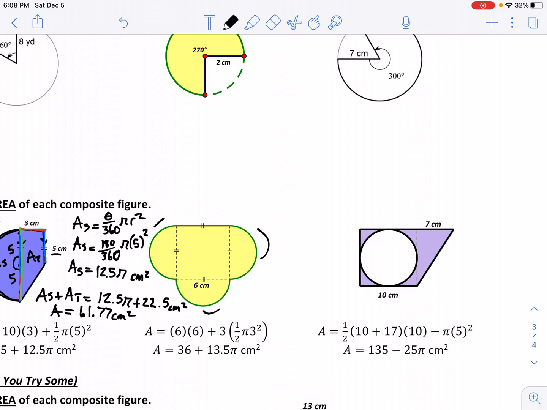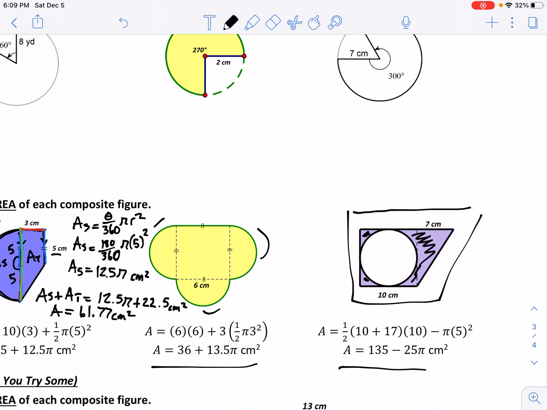So what you would have to do is find the area of the trapezoid and then subtract the area of the circle, because they only want this region here. So this one would end up being subtraction. Okay, so it's kind of the opposite of what we just did. Find the area of the trapezoid and subtract the area of the circle. Okay, so we can cover this in class, but of course they also have the information written here if you want to look through that as well.